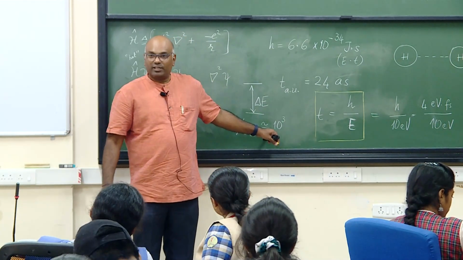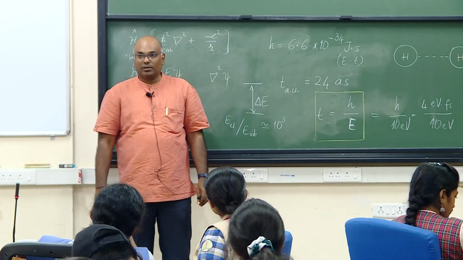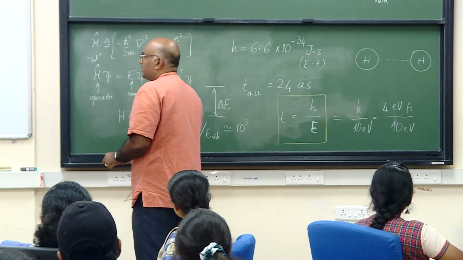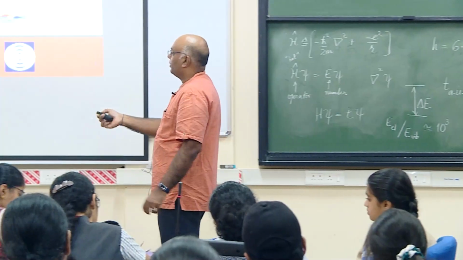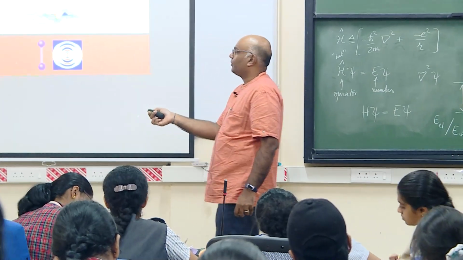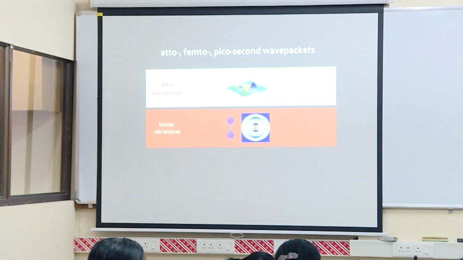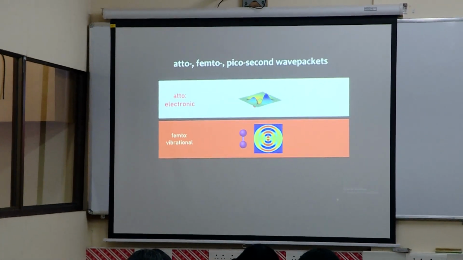This comes about by explicitly solving the Schrodinger equation. Now, likewise, these energy budgets vary by an order of magnitude of 3, which is a factor of 1000. So, vibrational dynamics of molecules happens on these time scales.